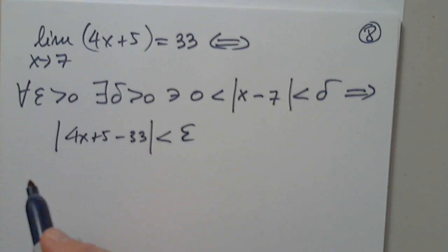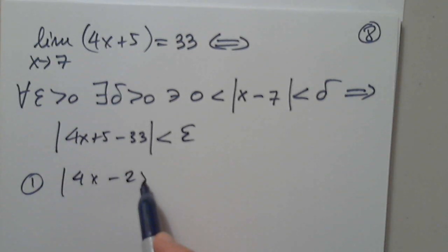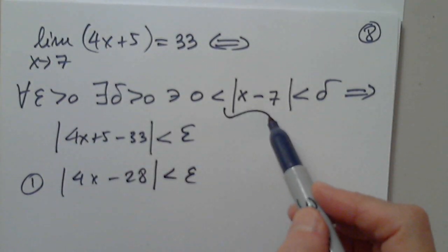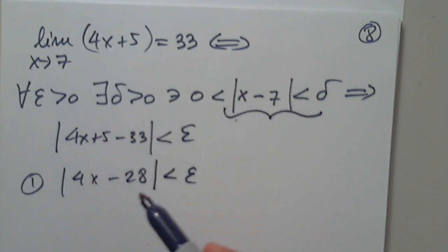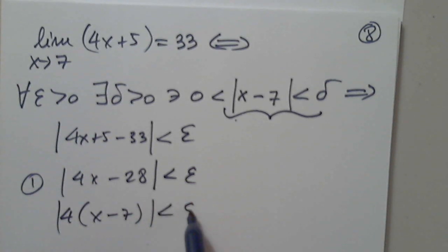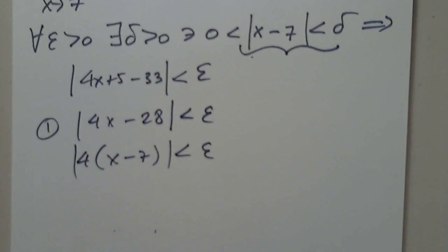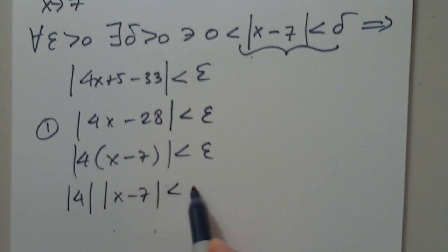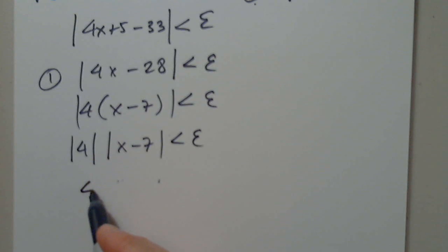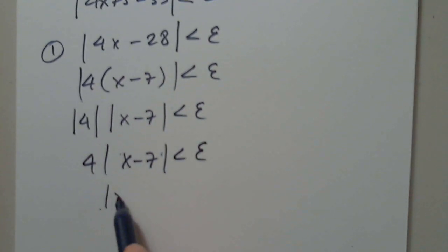We always start here, with 4x minus 28, and we always have to get this on the left-hand side. Very simple. Factor out 4. Do not factor outside the absolute value. It's not allowed. Now you have to write this. And only now we divide by 4.